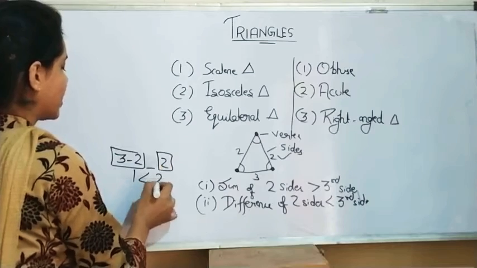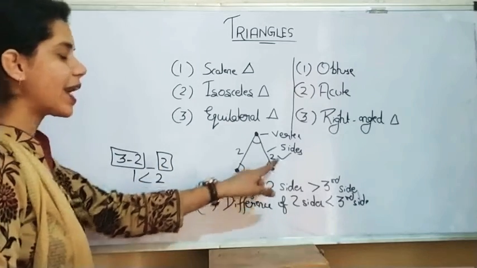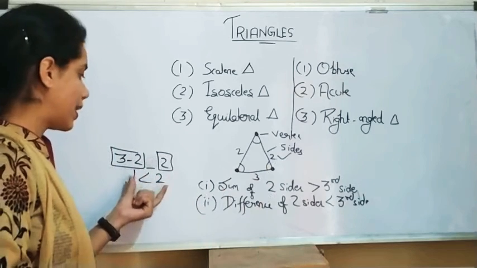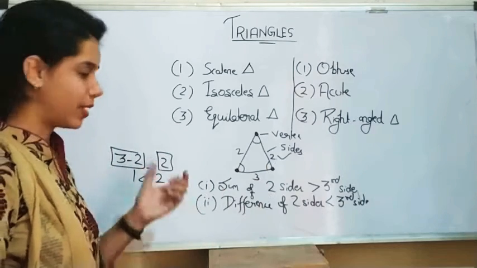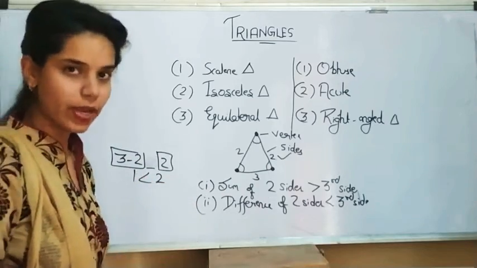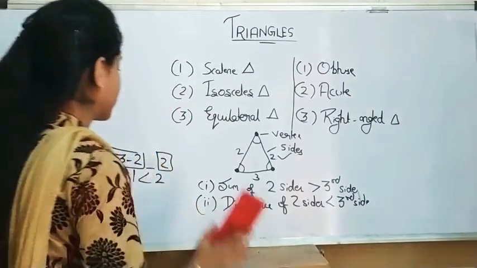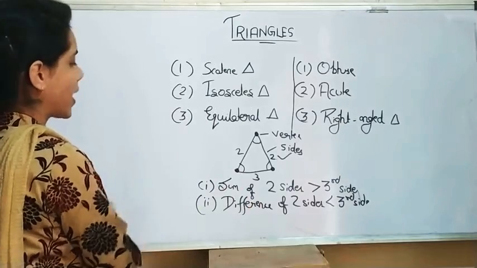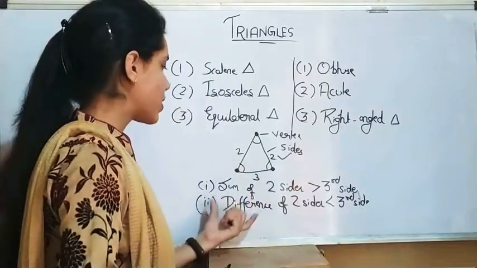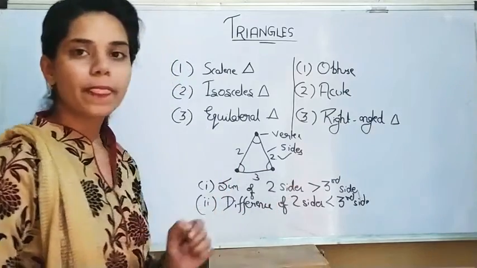So if I take any two sides, their difference must be less than the third side. These are some properties of the triangle: the sum of two sides is greater than the third side, and the difference of two sides is less than the third side.